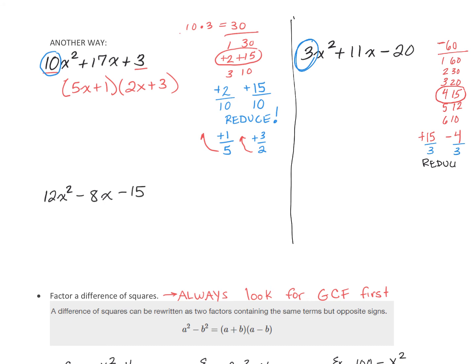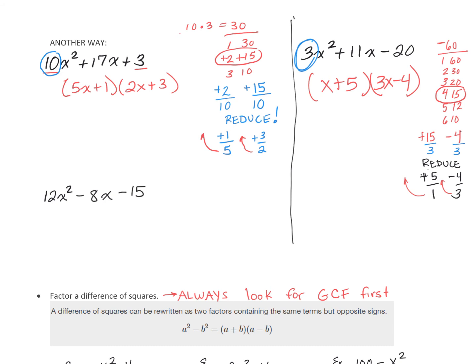Now, make sure you leave your signs there because that's important. We're going to get positive 5 over 1, and this one doesn't reduce, minus 4 over 3. And then again, the last step is to bring this up and write your double bubble. And you're going to get 1x plus 5 and 3x minus 4, which is the same thing that we got last time. We don't have to write the 1 in front of the x.